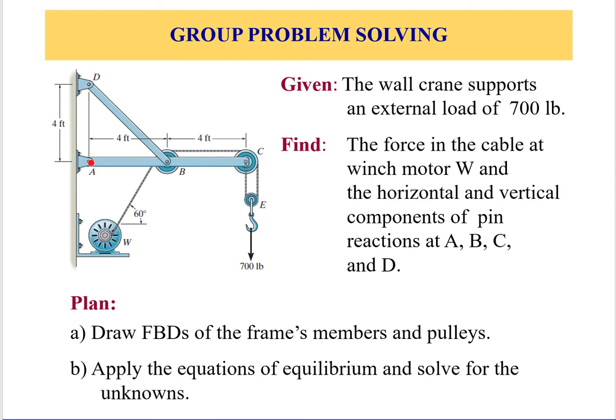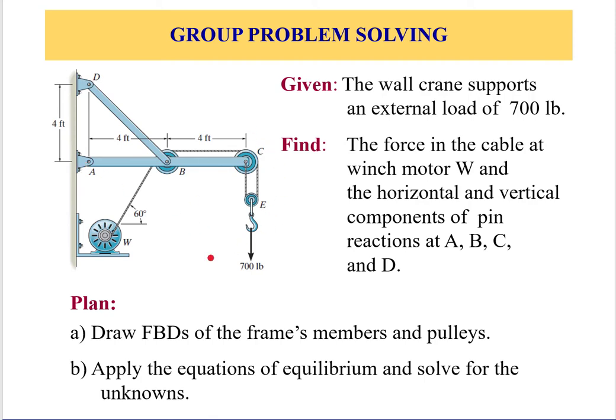So we'll have here two unknowns, up and down, up and right, at B and C. So what's the method of solution? Now we're going to do multiple free body diagrams. First, to calculate the reaction forces at C and B. And once these are calculated, then we'll be able to calculate the reaction force at A.